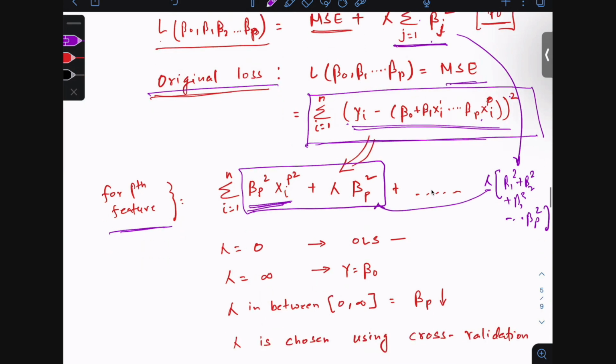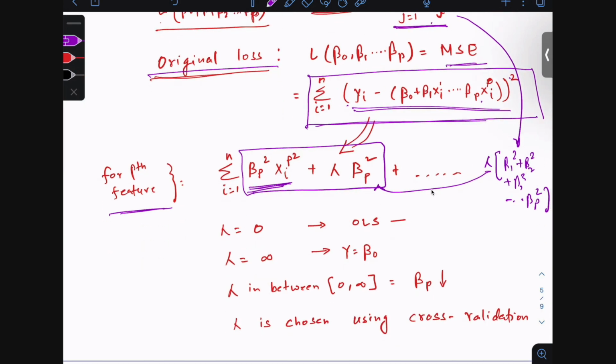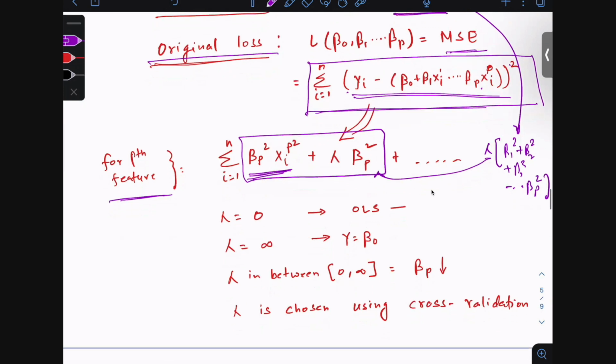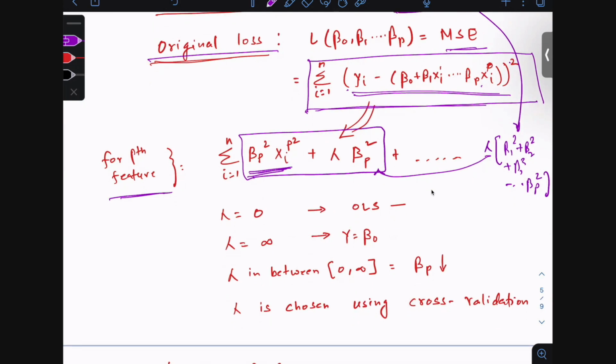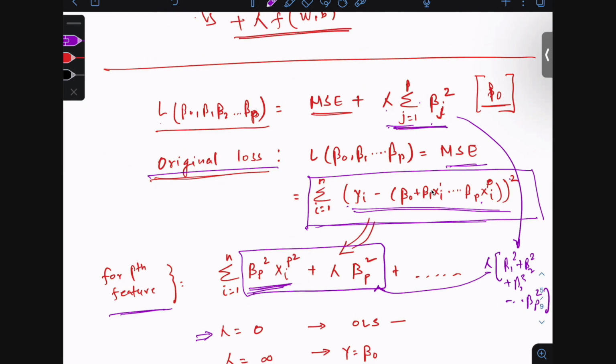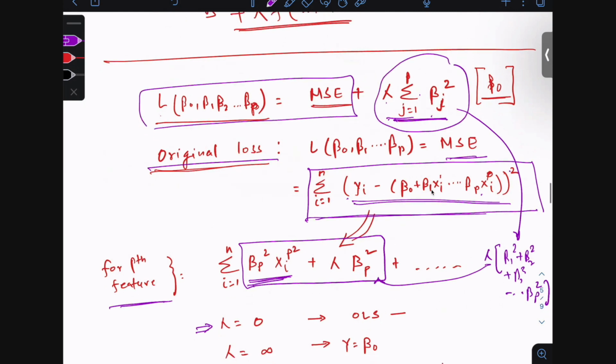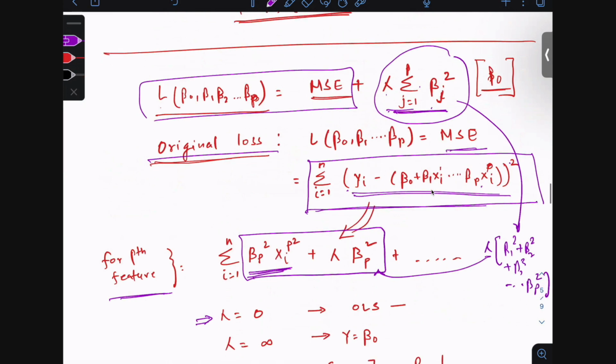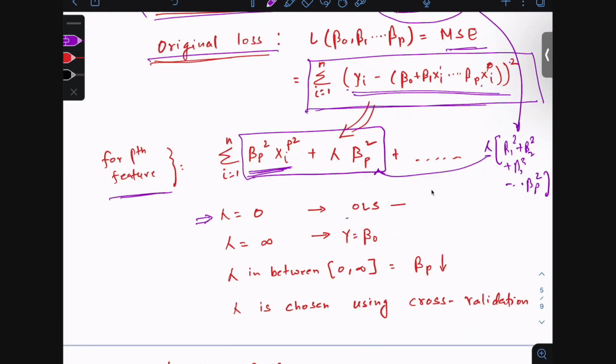This figure will be there inside our loss, right? Now try to see intuitively what my optimizer, let's say gradient descent or any optimizer which we are using, will do. When lambda value is 0, if I set lambda to 0, this whole term becomes 0. Then my loss is just MSE. So this is nothing but our standard linear regression, or what we call OLS, right?